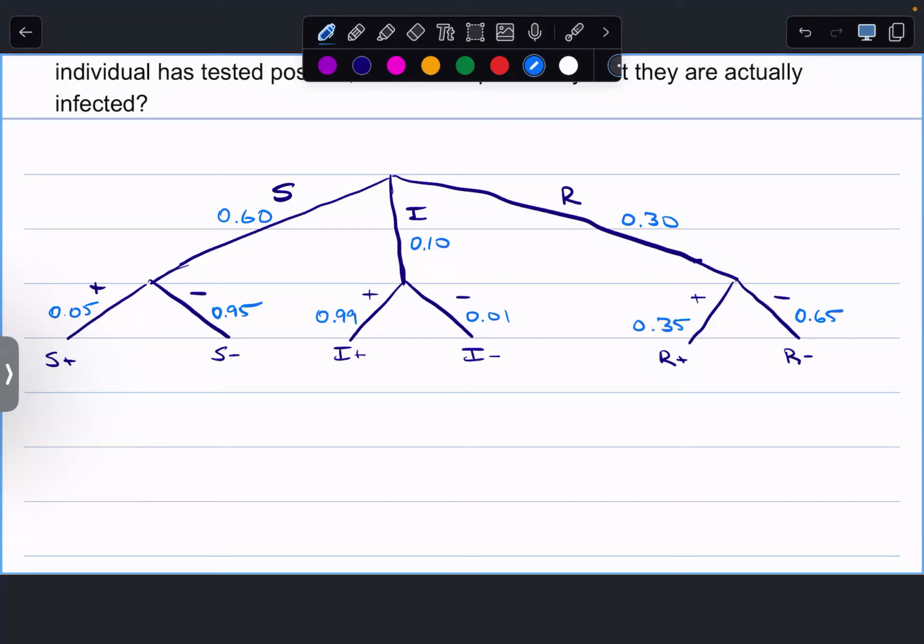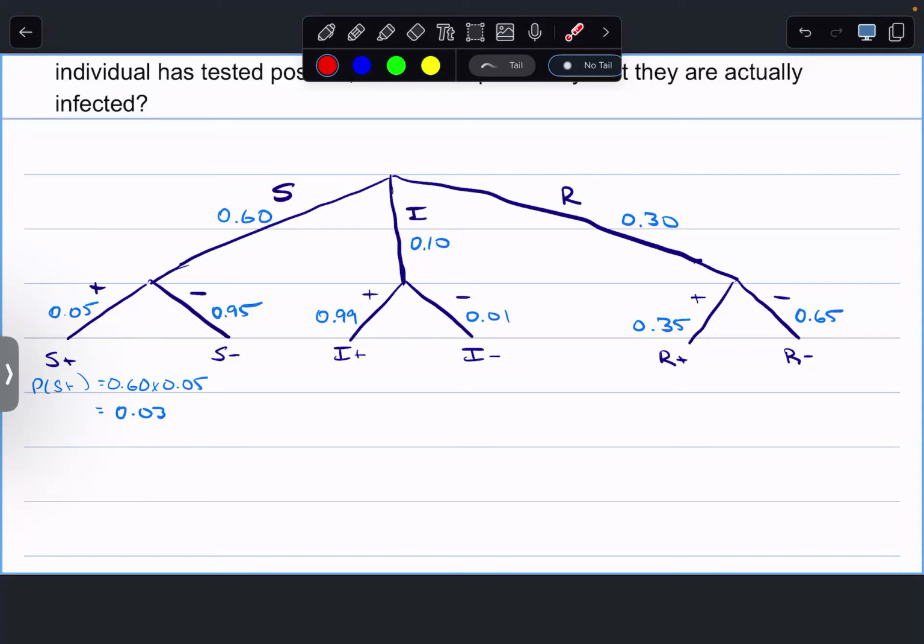I'll show what I'm doing for the first one. The probability of S and positive is 0.60 times 0.05, which is, let me grab my trusty calculator. 0.6 times 0.05 is 0.03. Doing the same thing, multiplying down each of these branches gives me those joint probabilities, right?